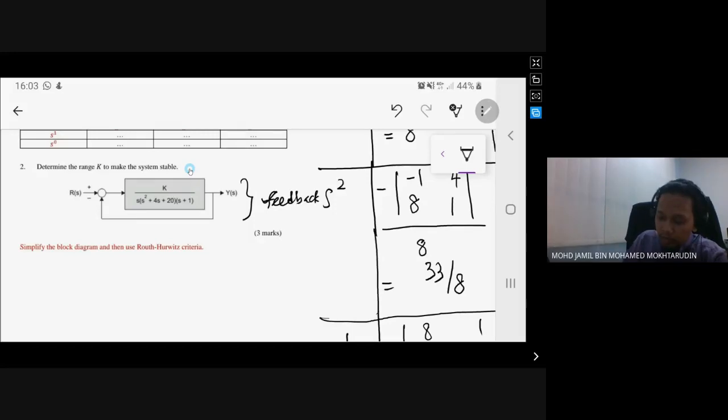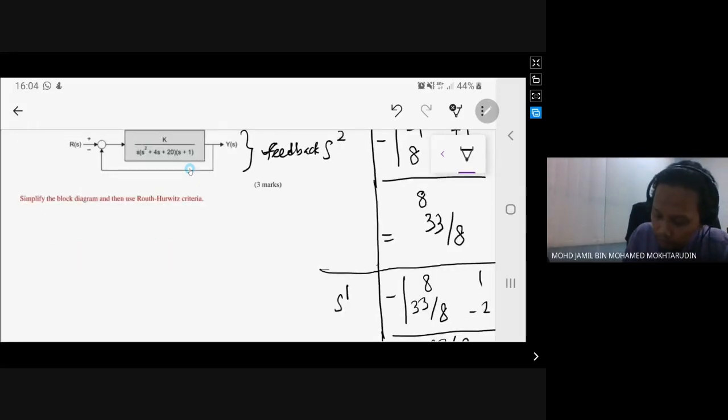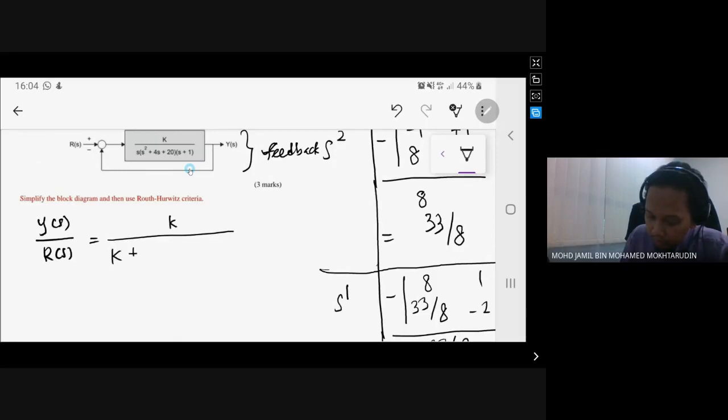And then you show the simplification, maybe Y(s) over R(s) equals K over... okay, so you simplify the transfer function. So if you know this is feedback and you simplify the transfer function, you get 1 mark.